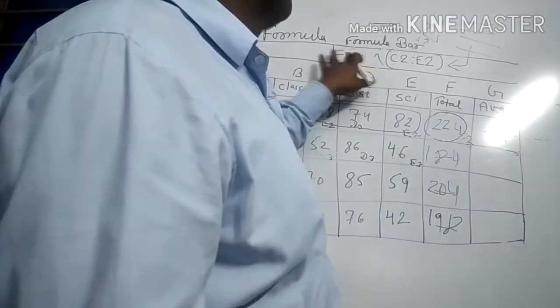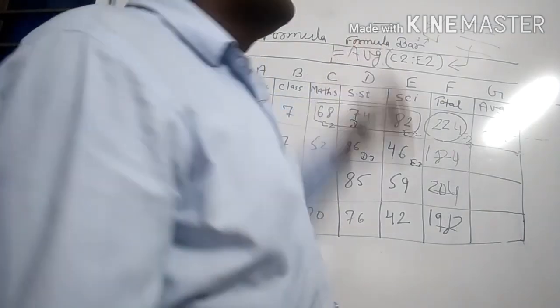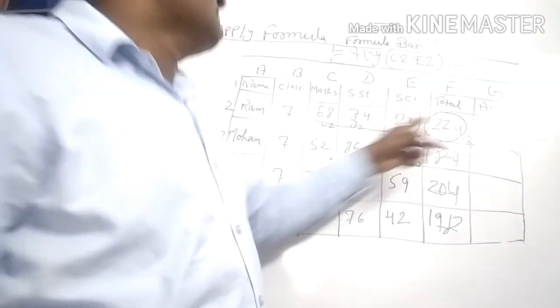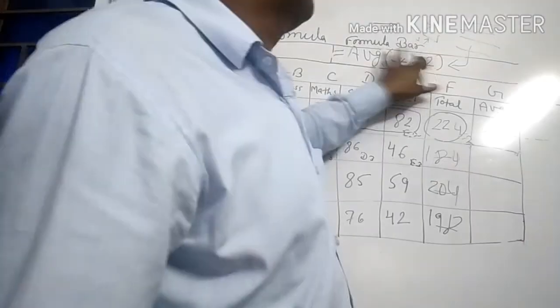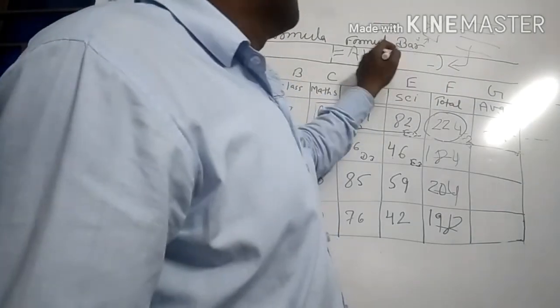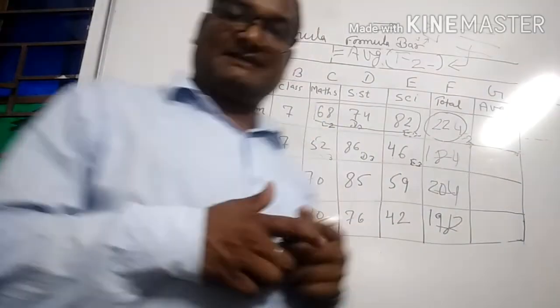Similarly, you can find the average also: equal to AVG or AVERAGE, for F2, and press enter button.